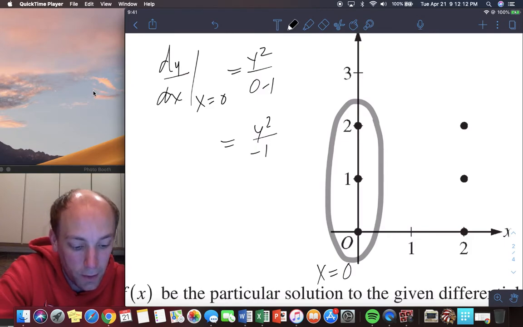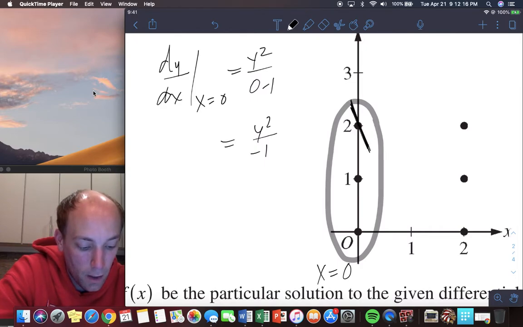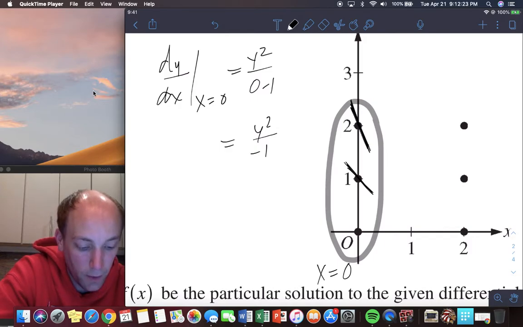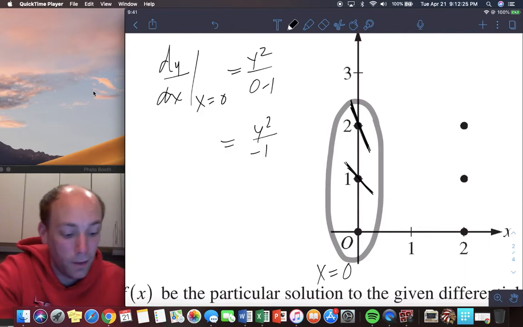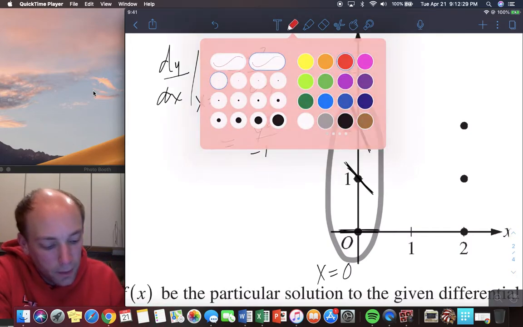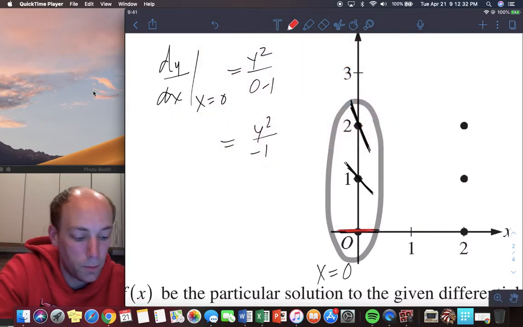And we're going to do our best to sketch a negative 4 slope. For the next one, 1 squared is 1, divided by negative 1 is negative 1. So not quite as steep. And then lastly, a slope of 0 at 0. I'm going to use a different color. Okay, so a 0 slope.